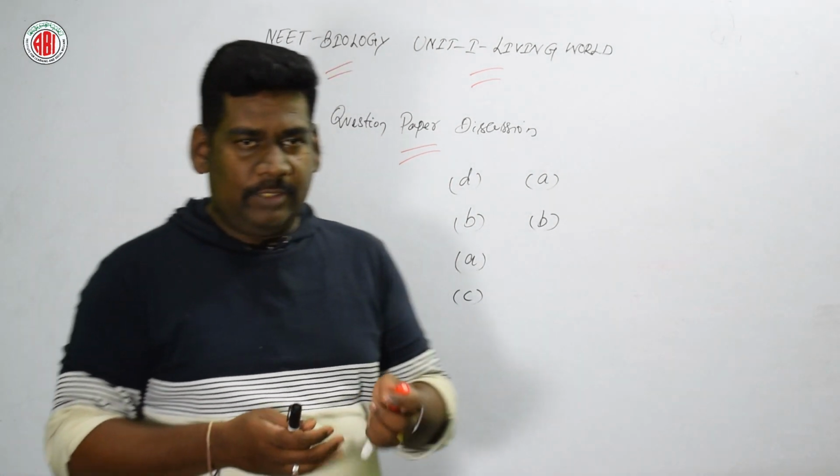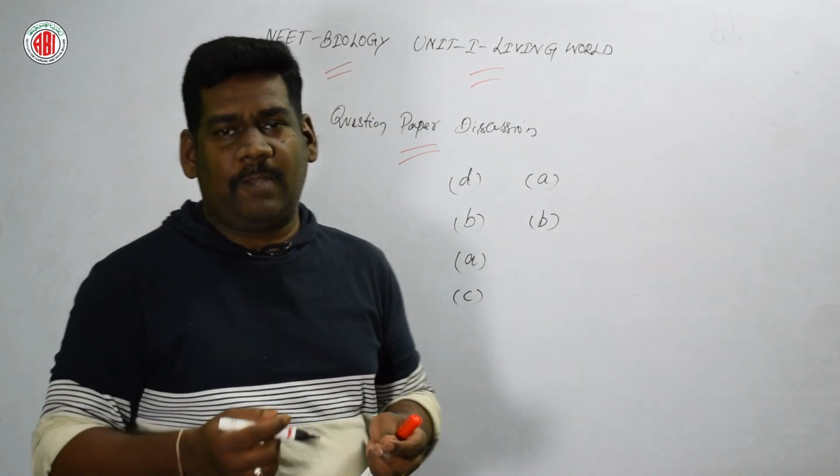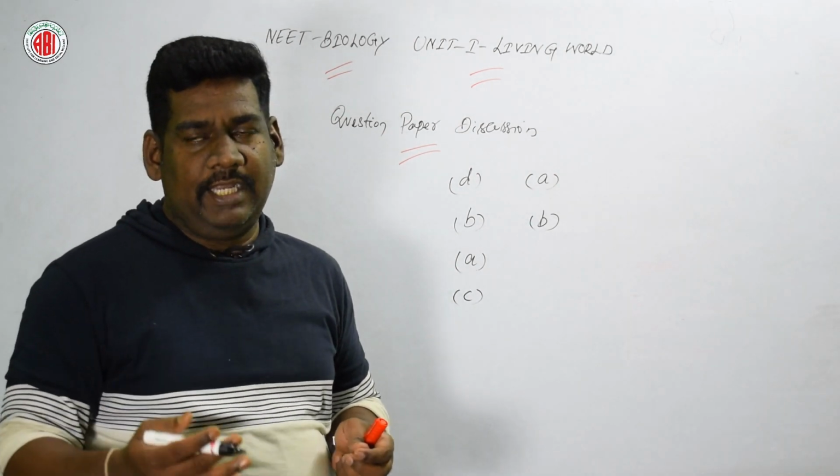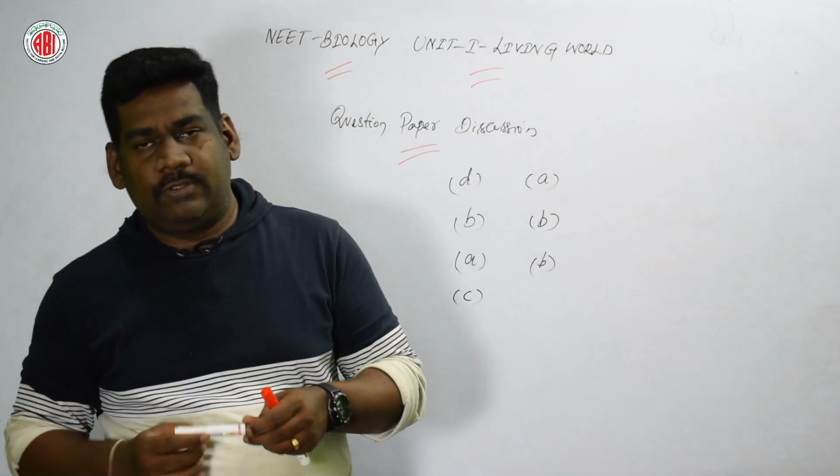So according to this question, option B is the right answer, numerical taxonomy. Now let us go for the next question.